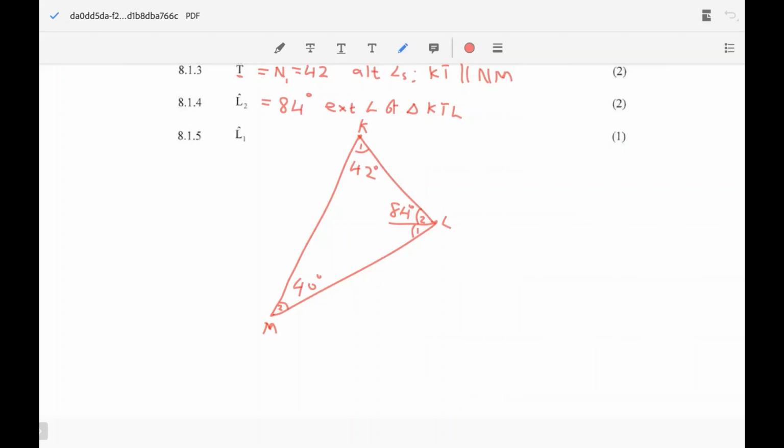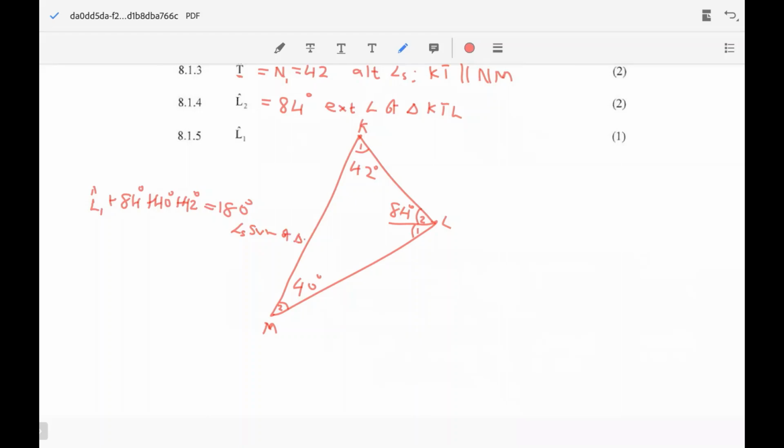So you can see that your L1 plus the 84 degrees plus the 40 degrees plus the 42 degrees must equal 180 degrees. It's the angle sum of a triangle, or sum of angles in a triangle.